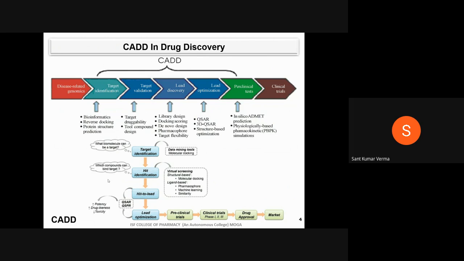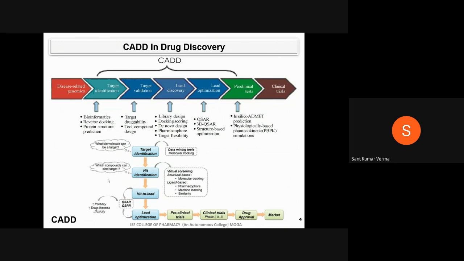In the next step, target validation, we can identify whether the target is druggable or not druggable, that is, against this target, can we make a drug or not. It can be identified using computer aided drug design tools. Tool compound design, we can discuss in detail in the next session, that is, what tool compounds are.